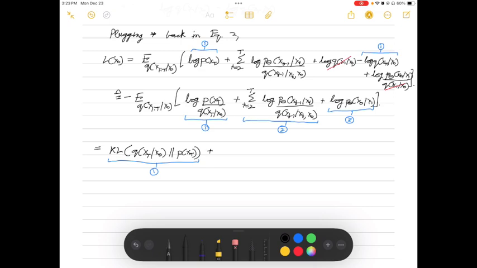And we can do the same for the remaining terms. So for the second term, from t equals 2 to t, the expectation is kept over q of xt given x naught because the remaining expectations for q move inside to give rise to the KL, which is q of xt minus 1 given xt and x naught with p theta of xt minus 1 given xt.